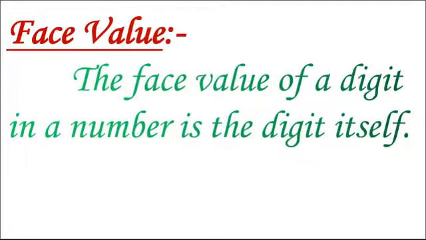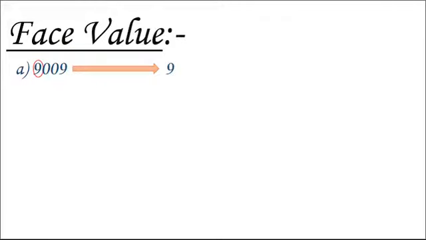But in the case of place value, it is different. But we will understand the face value first. We will solve examples of face value, right? Now, the first example is 9009, right? Which digit has been circled? 9 has been circled. Now 9 is at which place? It is at the 1000 place.